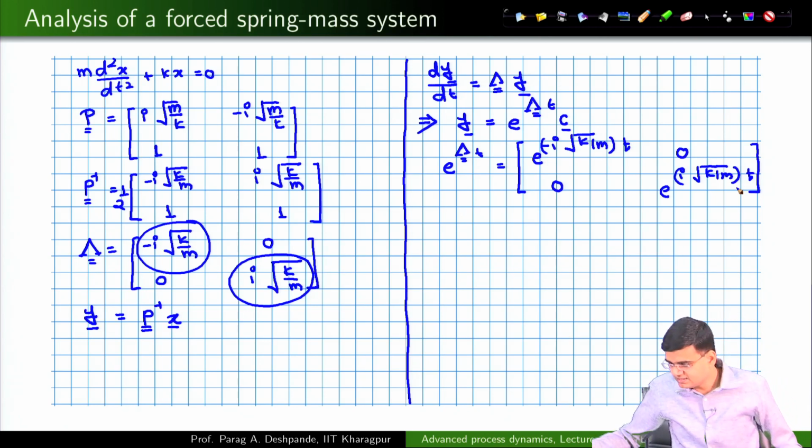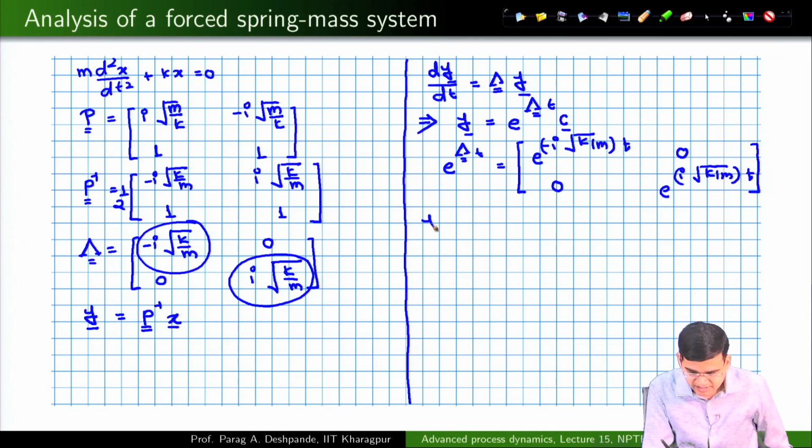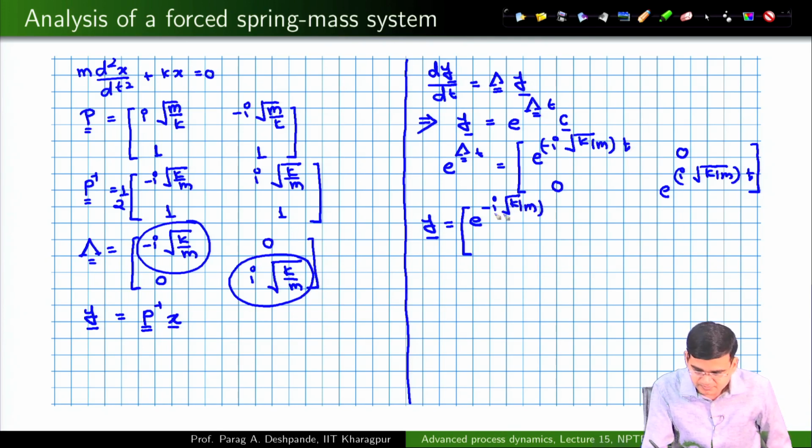So, if this is the case, then what is the solution that we will get? I can write this as y under bar is equal to e to the power minus I root over k by m times t, 0, 0, e to the power I root over k by m times t, multiplied by the constant vector c 1 c 2.